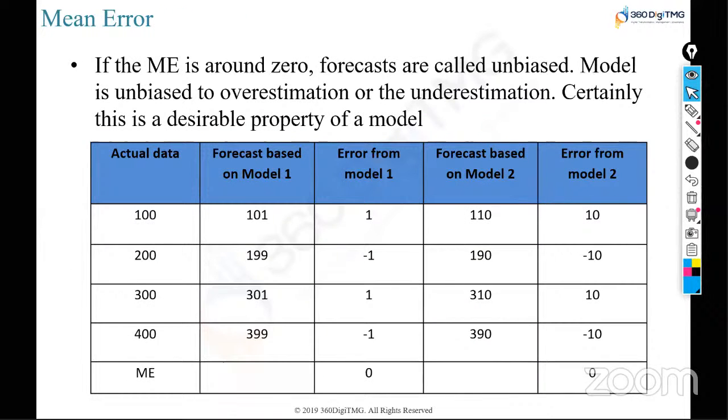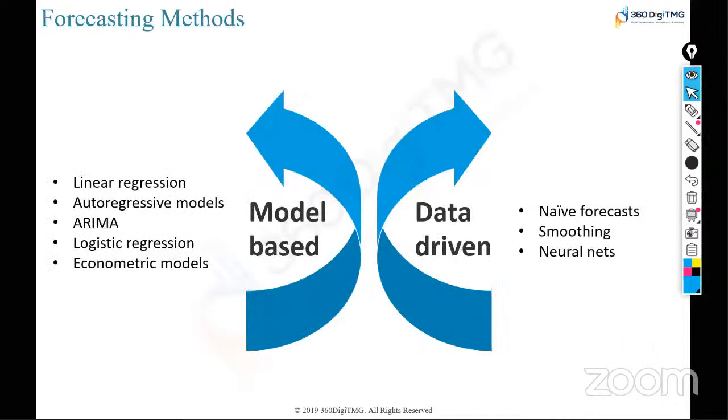All right. Now, the approach to forecasting is predominantly in two ways. One is the model driven method, and the other is the data driven method. The model driven method, we are going to be building some models.